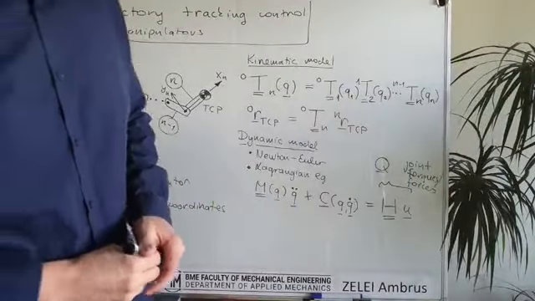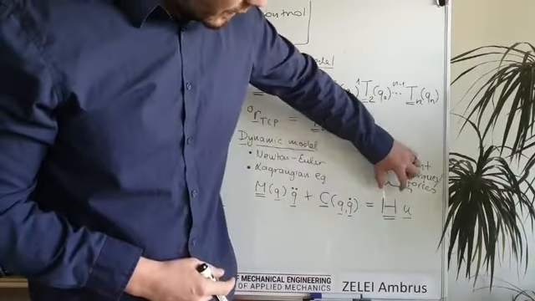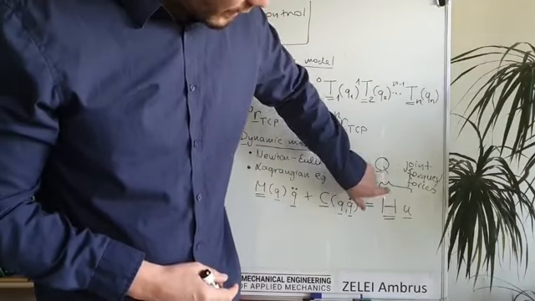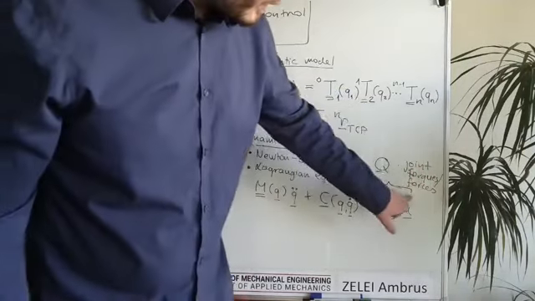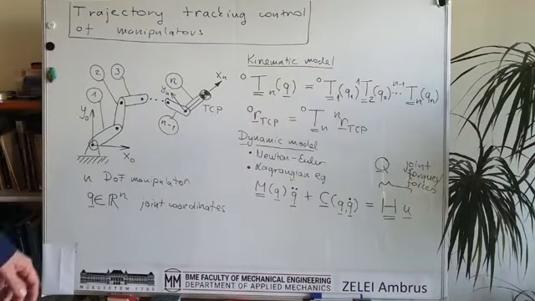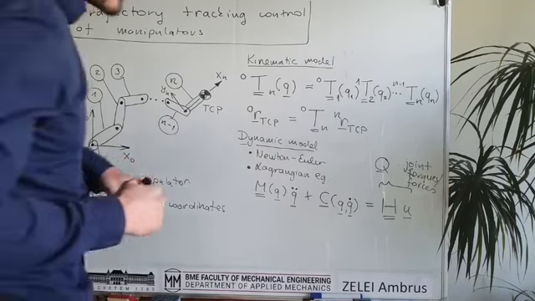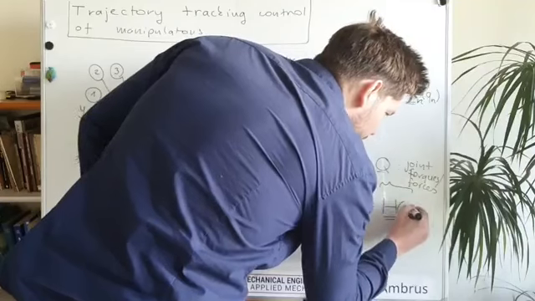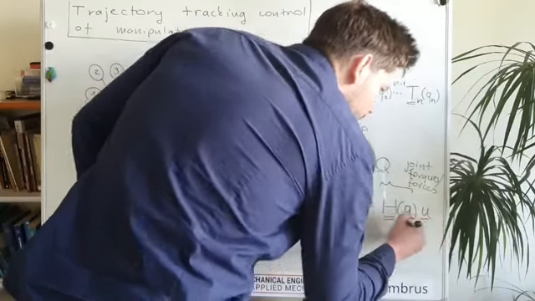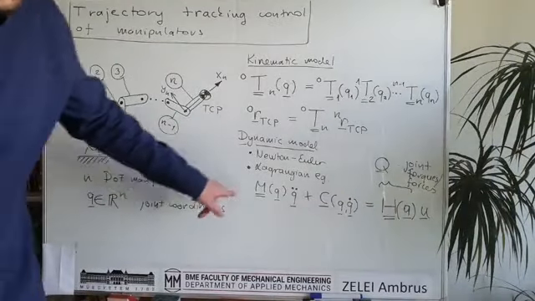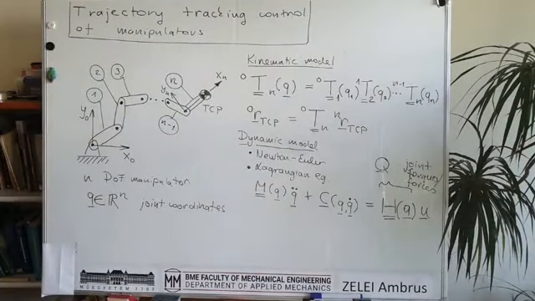But we split the joint torques and forces into a distribution matrix or control input matrix times the joint forces or torques. Last week we have seen it in detail. And sorry, one more thing, this can depend on Q and times U. So this is a totally general form of a manipulator like this.